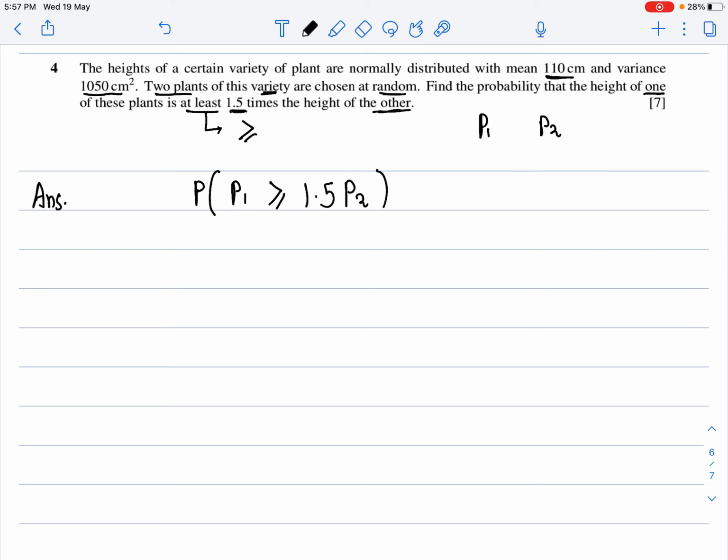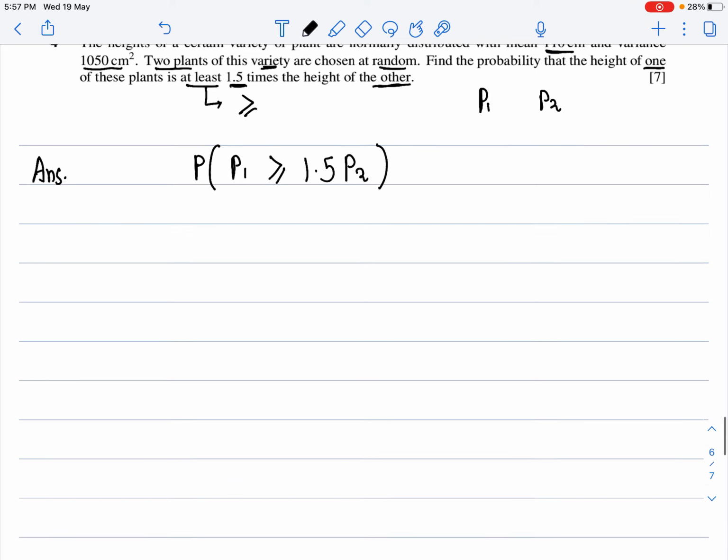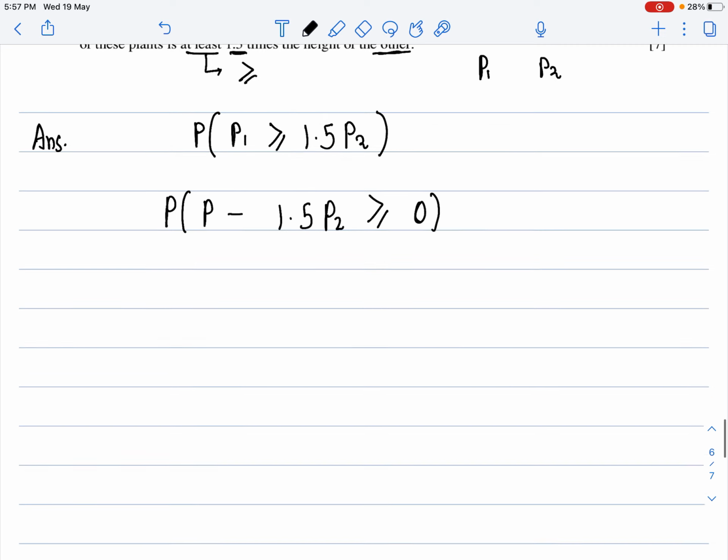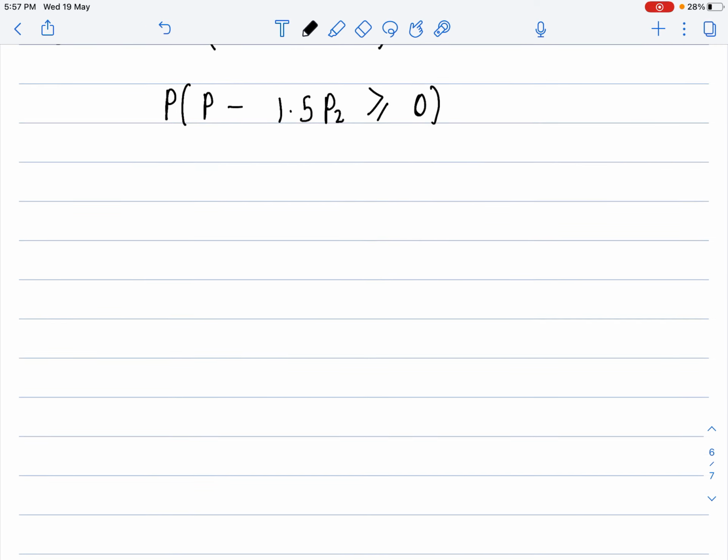So let me assume a case like this. I can write this as the probability of p1 minus 1.5 p2 being more than or equal to 0.